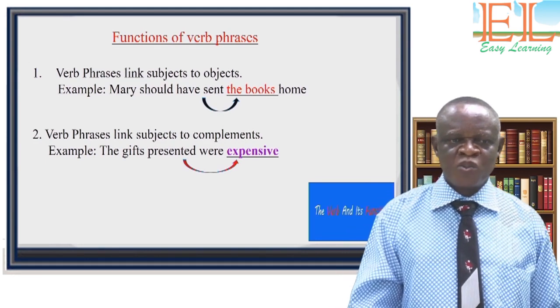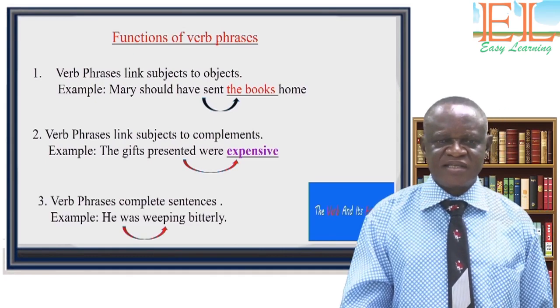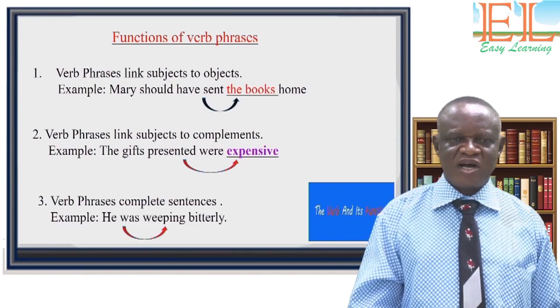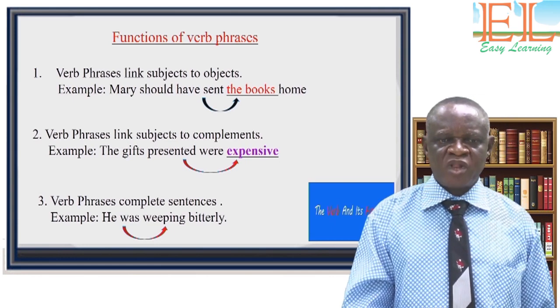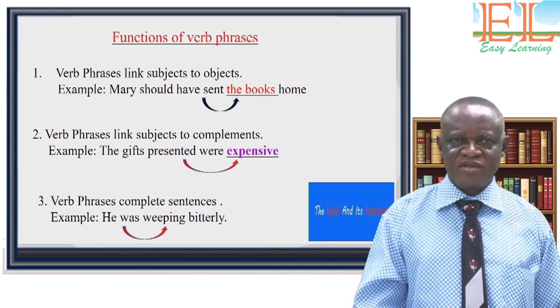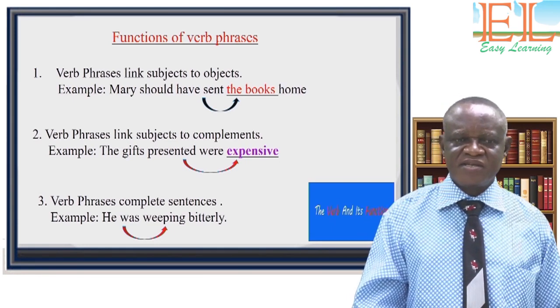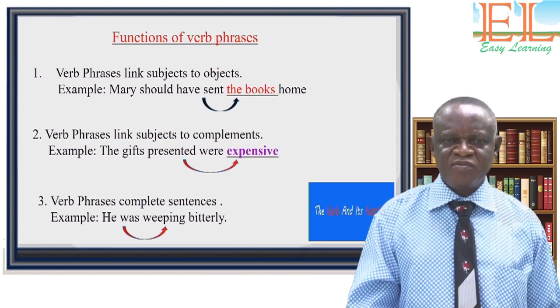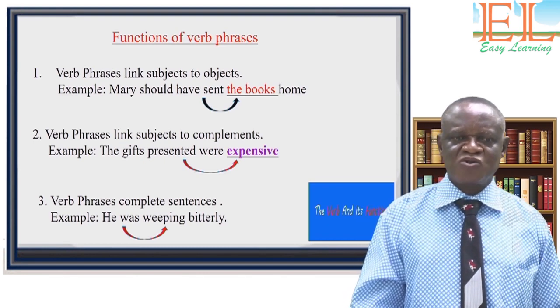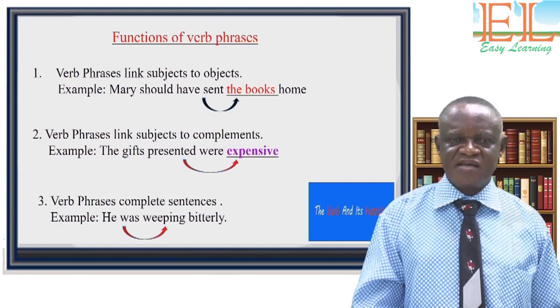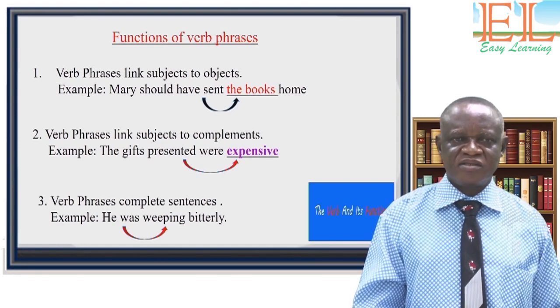Sentence 3, verb phrases complete sentences. We have the verb phrase here as was weeping. It's completing the sentence, he was weeping bitterly. Without the verb phrase, this sentence cannot be complete.